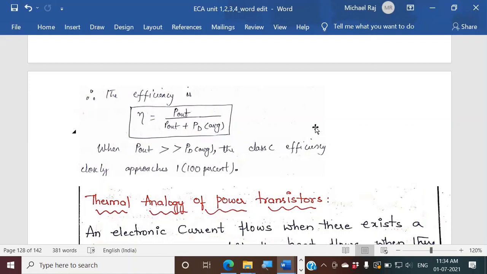Please answer, very important. Hot to cold. Again, these simple logics will make up our concept. So the heat transfer will take place from the hot body to the cold body.